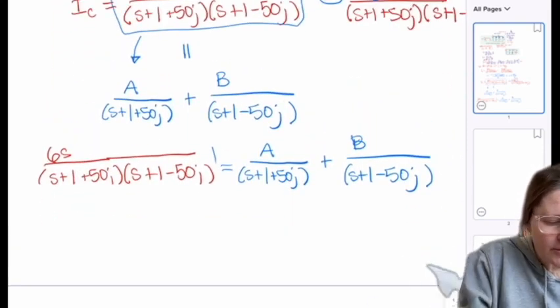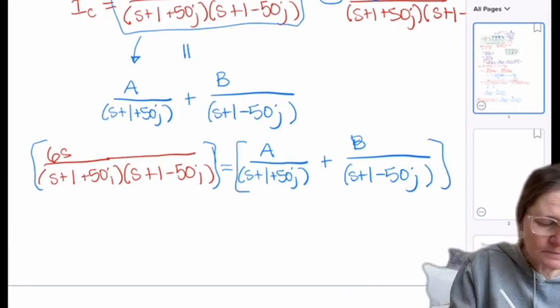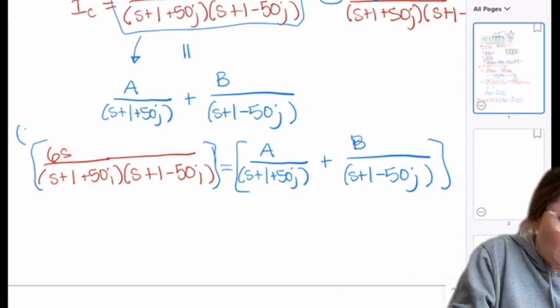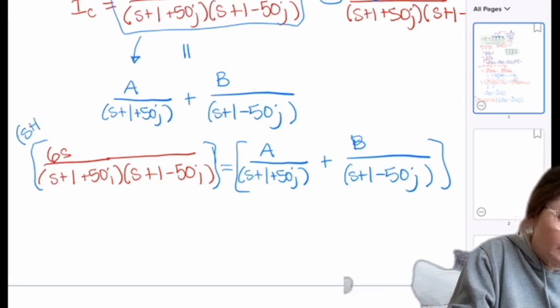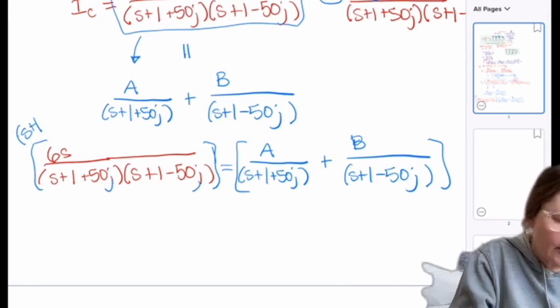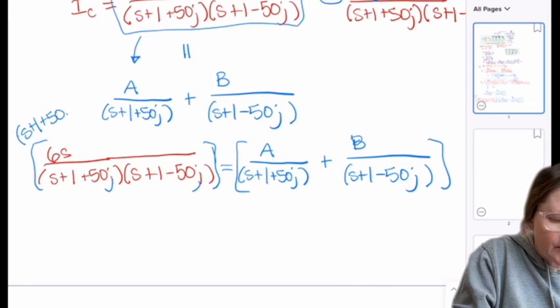So multiplying both sides by the same number. Say we multiply by s plus 1 plus 50j.